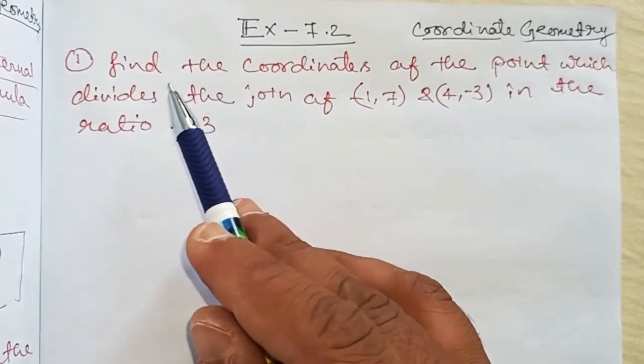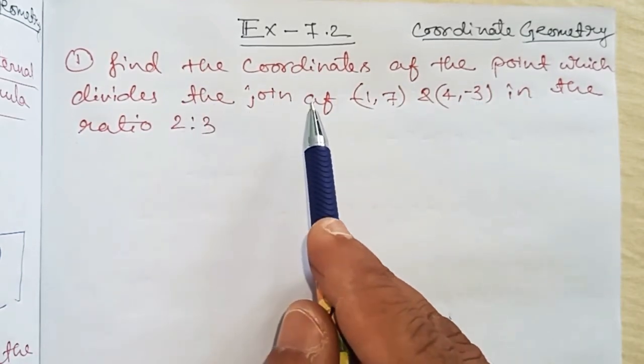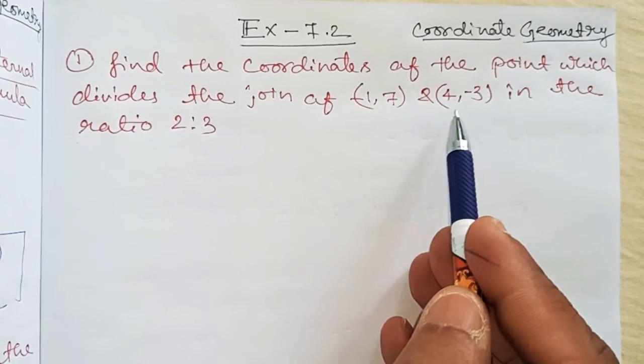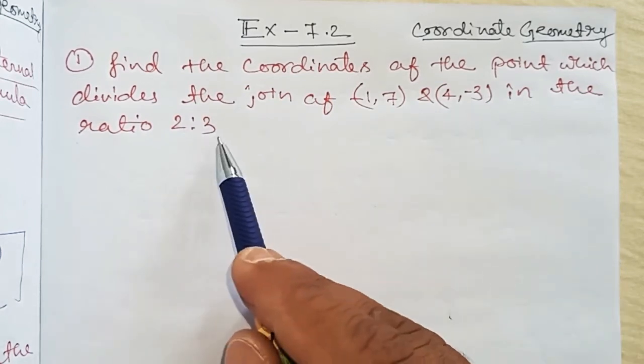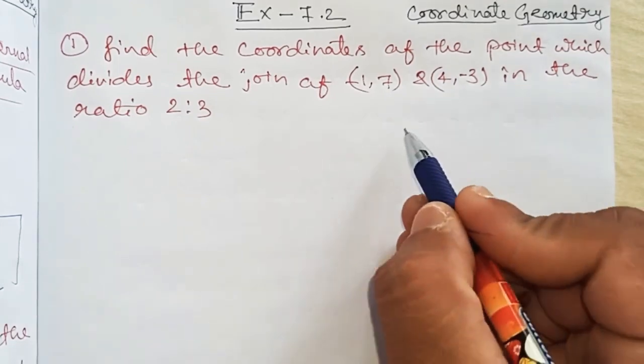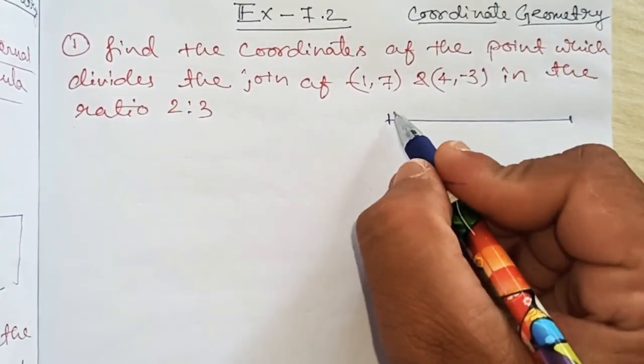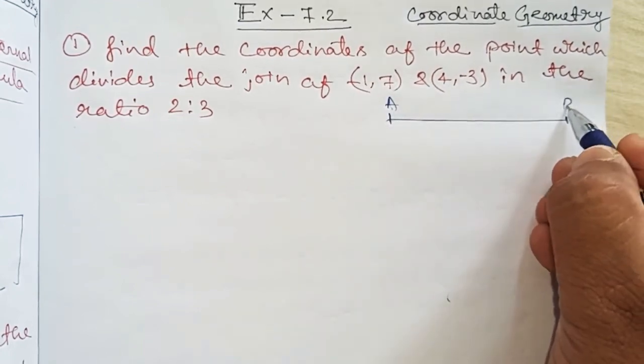In this exercise the first question is: find the coordinates of the point which divides the joining of these two coordinates in the ratio 2:3. First of all I will draw a small diagram. A line segment I have drawn, we will name it AB.